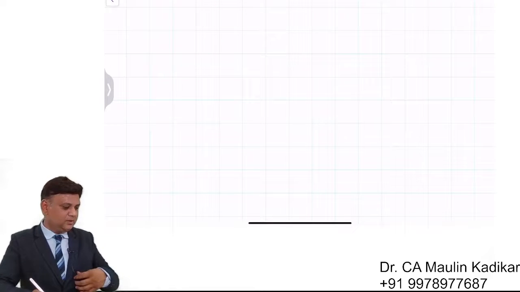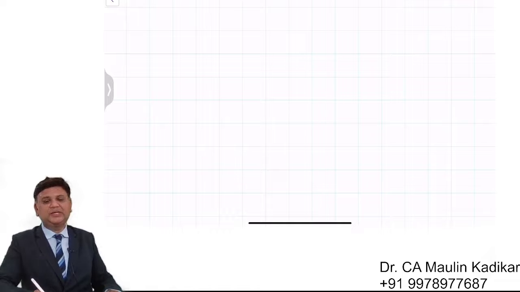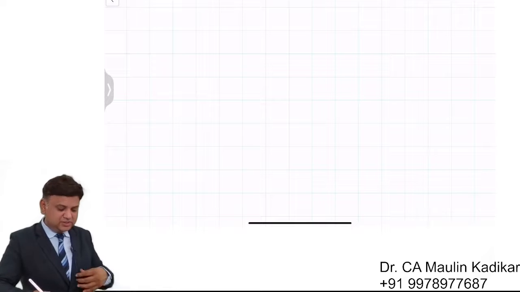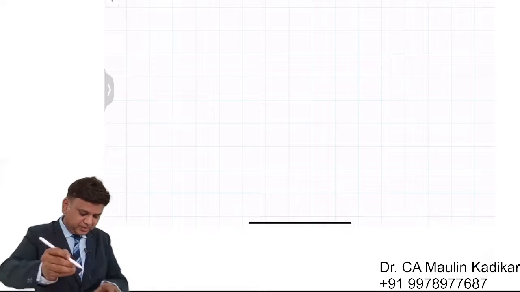So friends, over here the question is not providing the information what is the time period for which the security is issued. So we assume that the security is issued for perpetuity. So write an answer.